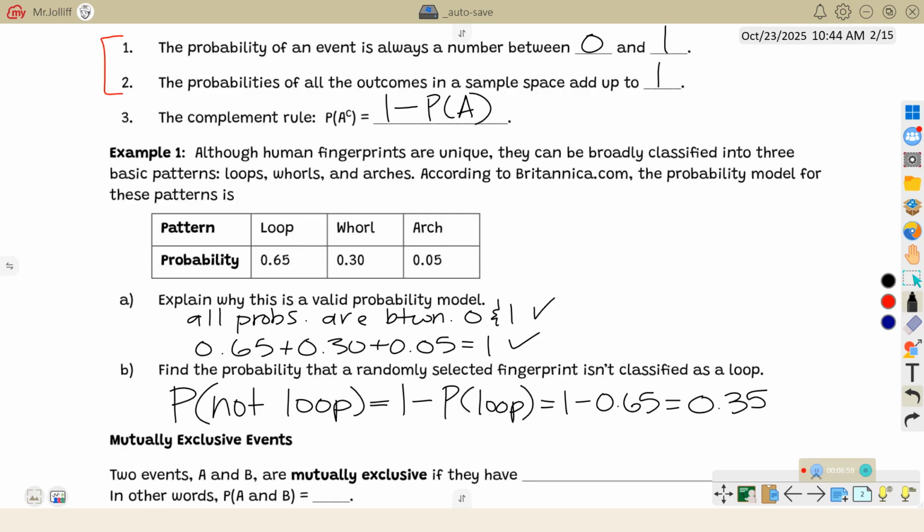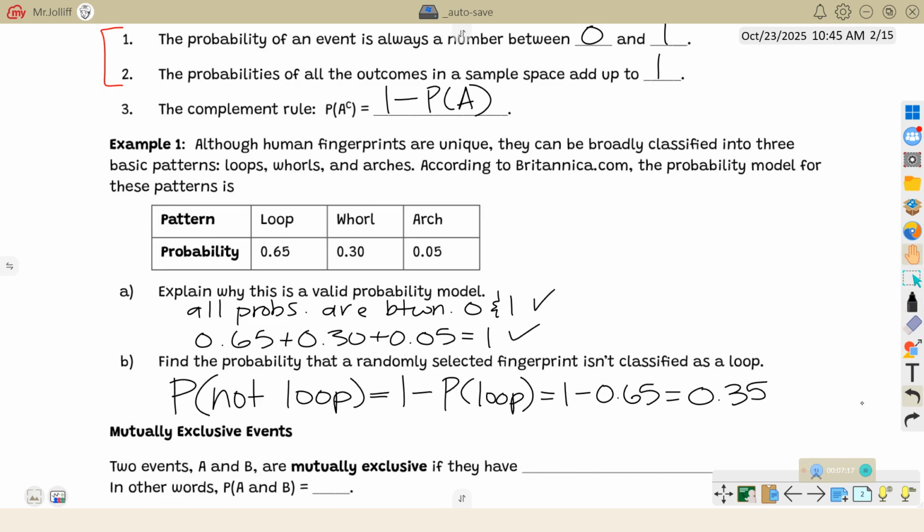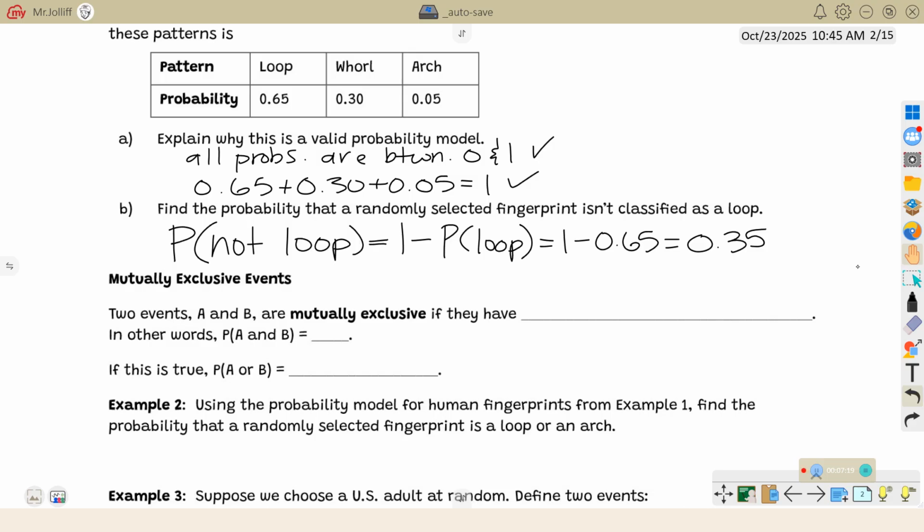Out of curiosity, which two patterns are not loops? Whorls and arches. If I were to add the probabilities for whorls and arches, what do I get? 0.35. So let's take a look at where that's coming from.